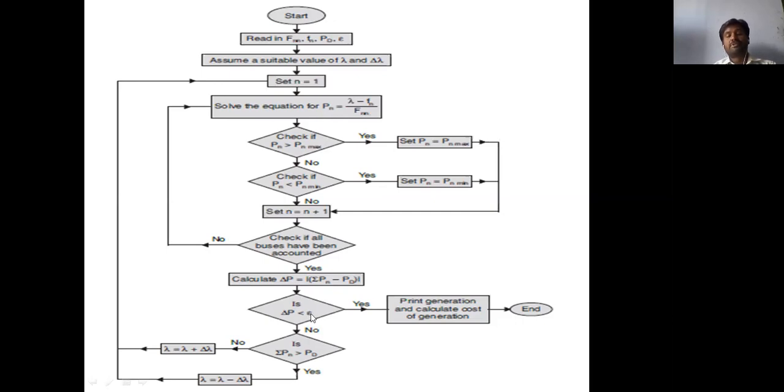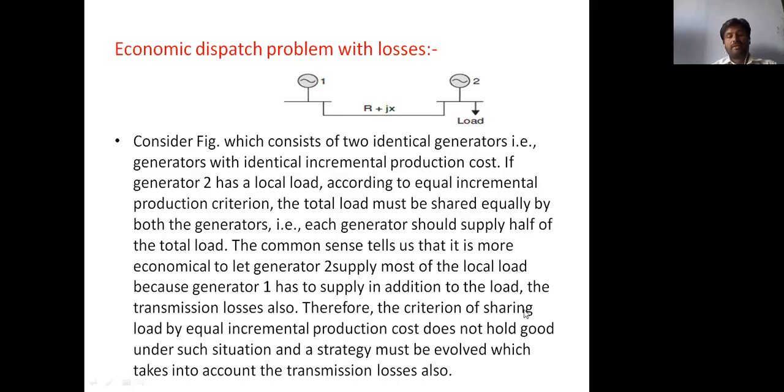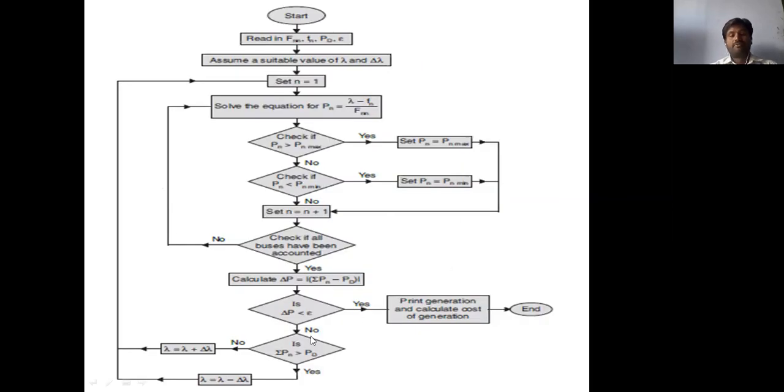If the condition is satisfied, print the generation, calculate the cost of generation, and end. If not, check if the summation of Pn is greater than Pd. If the condition is not satisfied, lambda equal to lambda plus delta lambda.